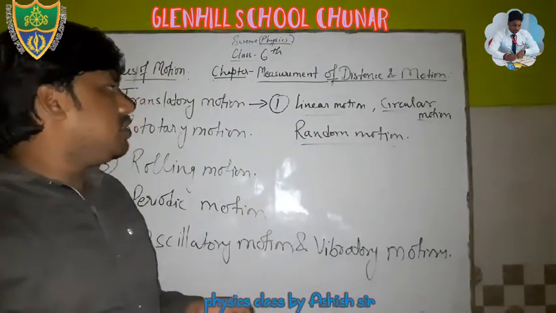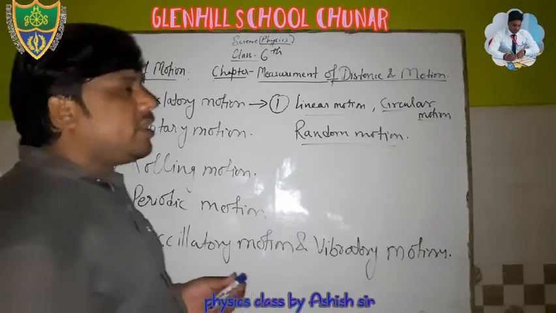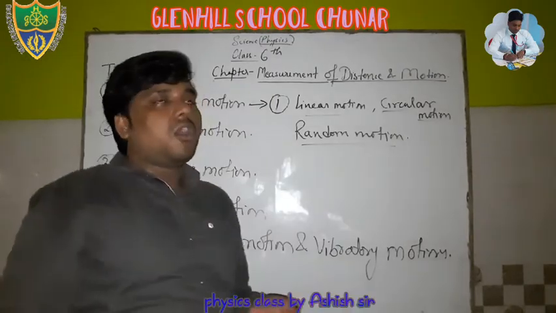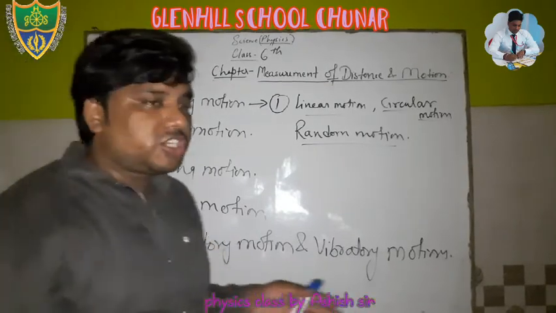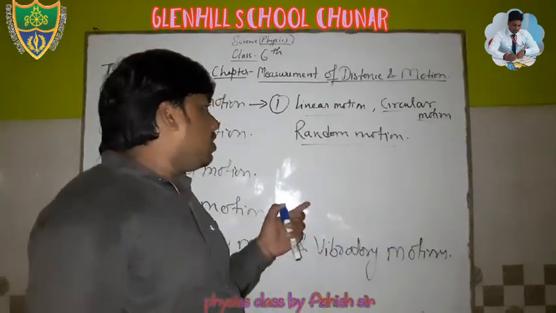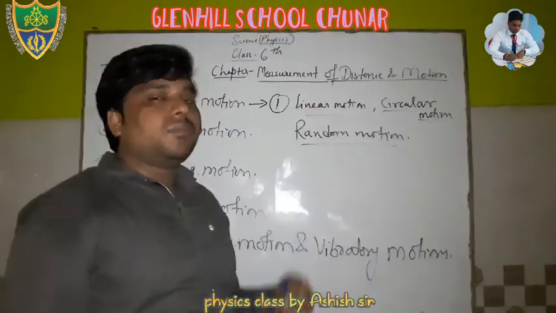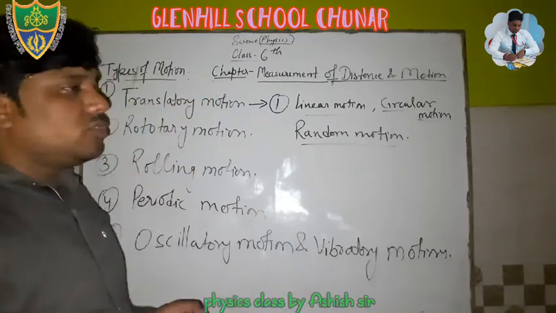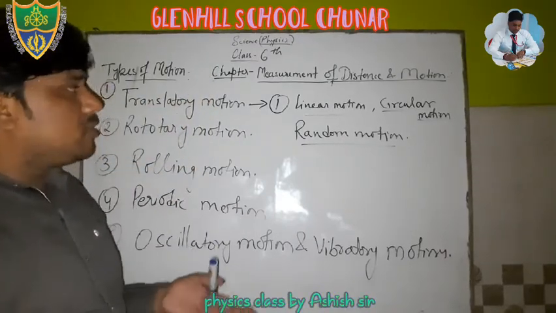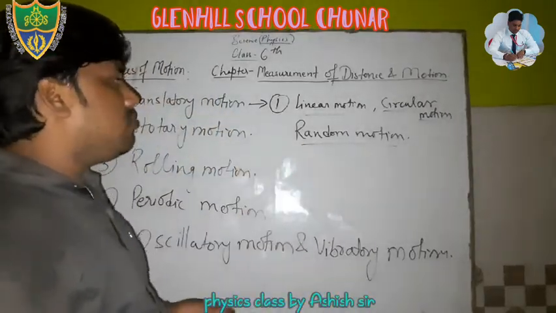What is linear motion? Linear motion is when the body performs its motion on a straight path, or simply the body moves on a straight line. That type of motion is known as linear motion. And circular motion: when a body performs a motion on a circular path, that type of motion is circular motion.